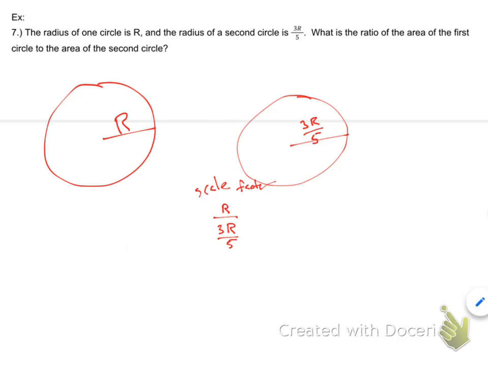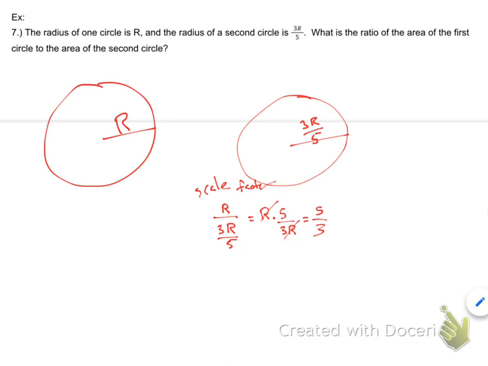Wait a minute, do I like dividing by fractions? No. So I'm going to do r times 5 over 3r. What happens to the r's? They cancel, so I'm left with 5 over 3. There's your scale factor.